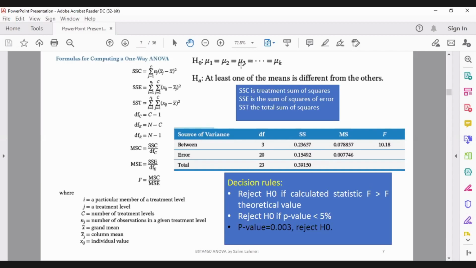So we need to calculate the Fisher statistic. This Fisher statistic from the previous example is equal to 10.18. How did we get the 10.18?